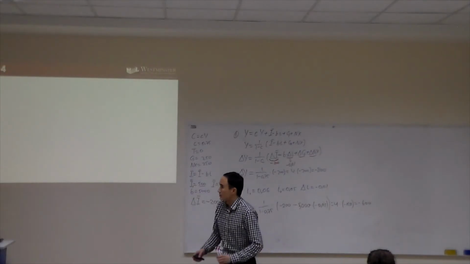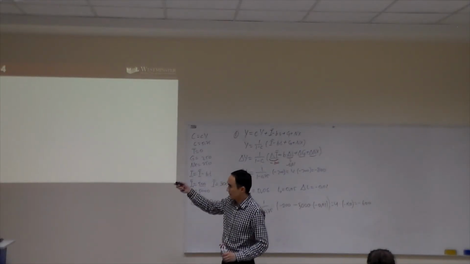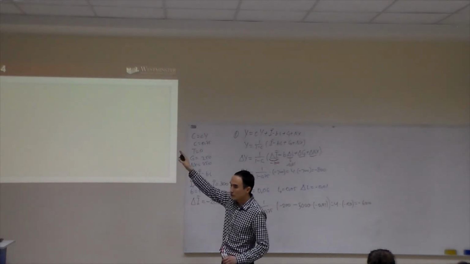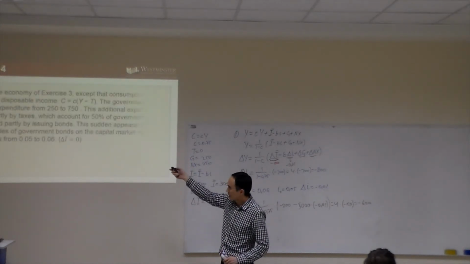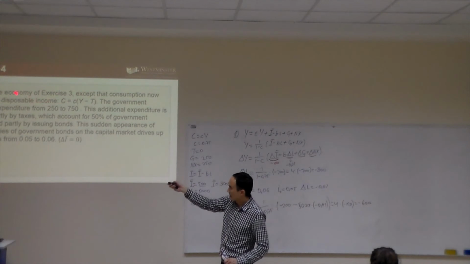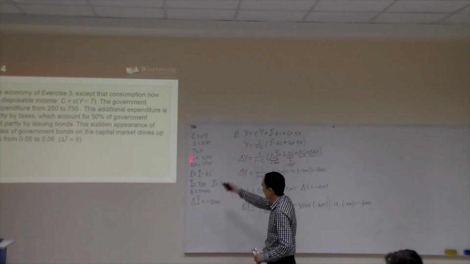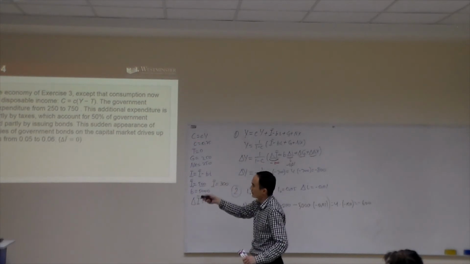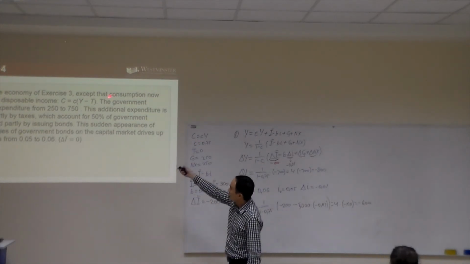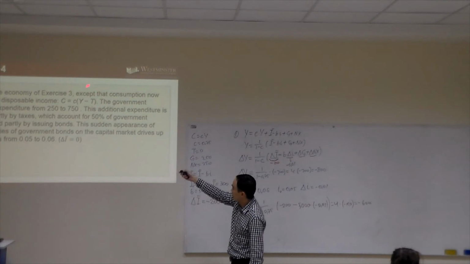Continue. So exercise 4. Now we are continuing exercise 3, because we are considering again the economy from exercise 3, with all of this data given. But now we are assuming that consumption depends on disposable income. Consumption depends on disposable income. Is tax still 0? Tax is not 0 now.